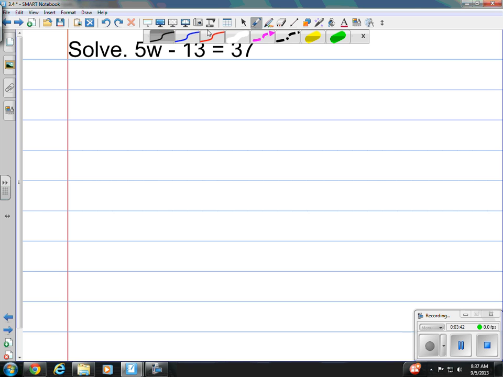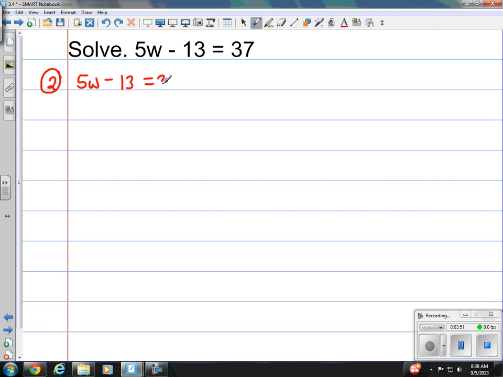Example 2, we're given 5w minus 13 equals 37. Once again, we're going to see if it can simplify. 5w minus 13 can't simplify. One has a w, one doesn't.